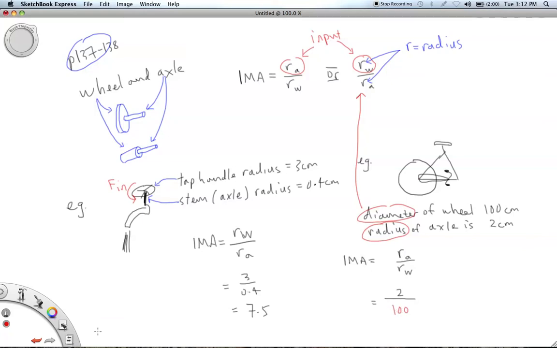But if you did that, that would not be correct. The reason is this is the diameter. The radius is half the diameter, which is 50. And then when I perform that division, I get 0.4. And that's my mechanical advantage. So this, you can see, is actually less than 1. And those are 2 quick examples on the wheel and axle.